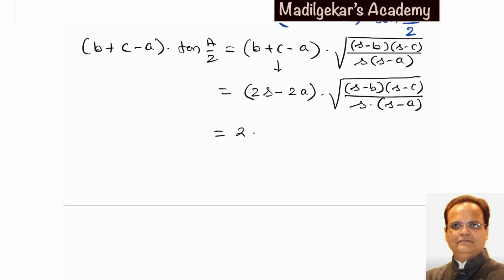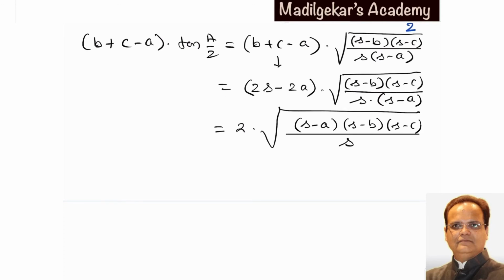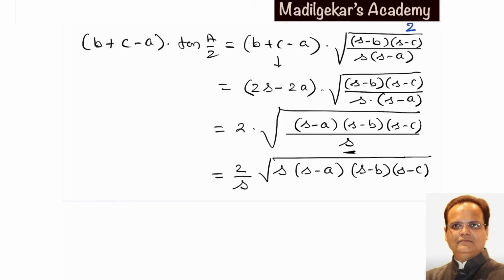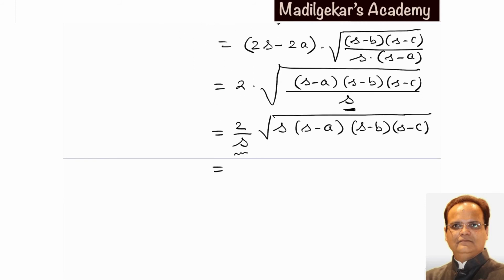That is, 2 can be taken common into square root of S minus A, S minus B and S minus C divided by S. Under the radical sign, divide and multiply by S. So this denominator becomes S square, whose square root is S. Numerator will be S into S minus A, S minus B and S minus C. Now this S is the semi-perimeter, which is constant.